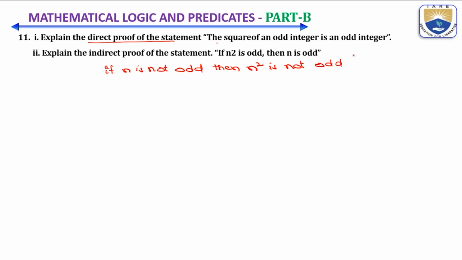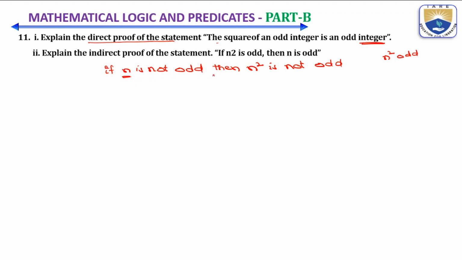So I am taking the integer as n. Then what is given? If I am taking an integer n, n square is odd, a square of an odd integer is odd.